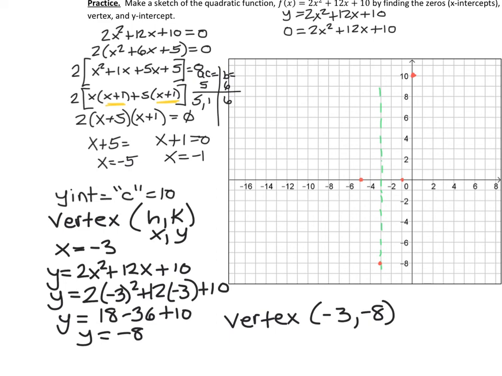So I can go 3 right from the green line, and I could go 3 left from the green line. And because of symmetry here, I know I'll also be at positive 10 there. And so that's a good set of 5 points that I can use to sketch out my quadratic function. You can see it's definitely tall and skinny with that stretch of 2.